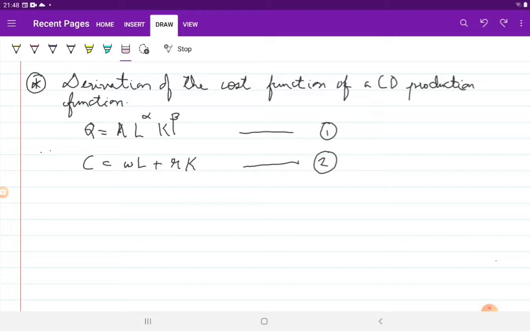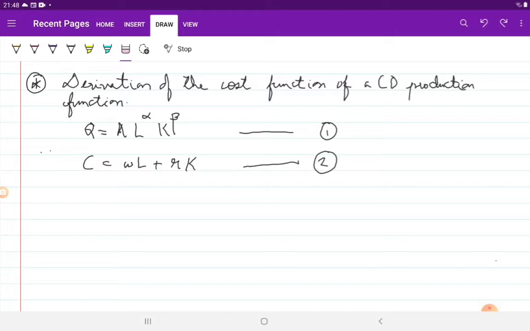The cost function as a function of labor and capital units employed can be expressed as W times L plus R times K. And we know that a rational producer would always use the least cost combination of inputs in order to produce any given target of output.